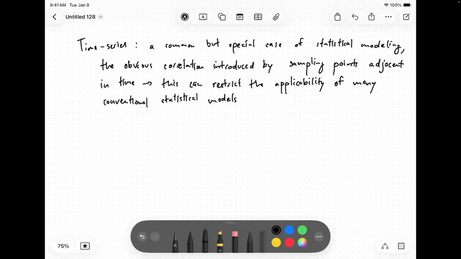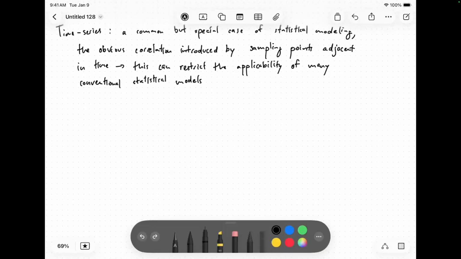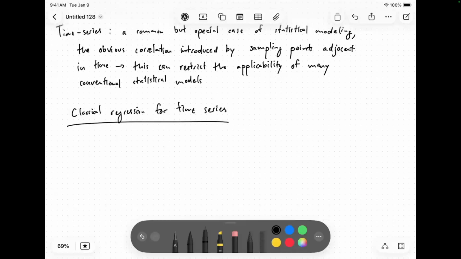Okay, so let's talk about classical regression for time series. So we have something like yt is equal to beta 0 plus beta 1 xt1 plus beta 2 xt2 and so on, beta n xtn plus epsilon t.